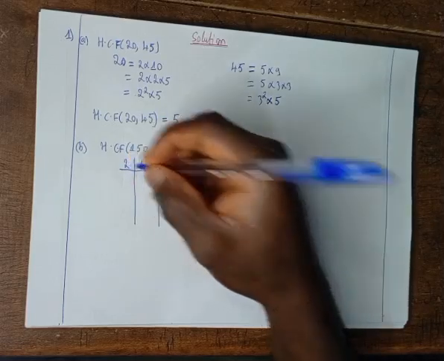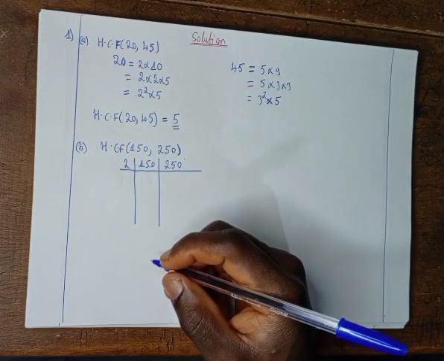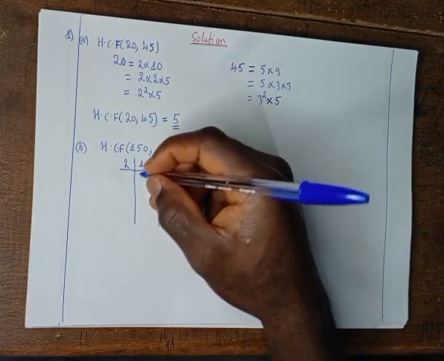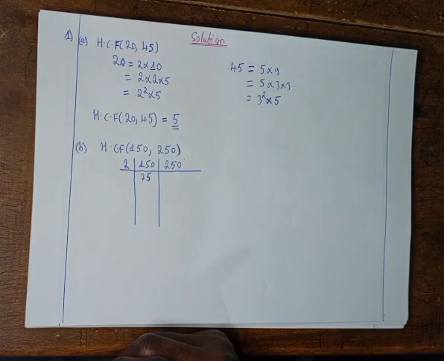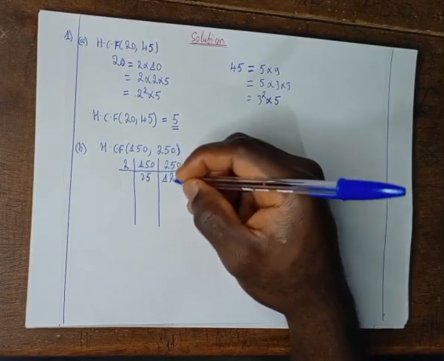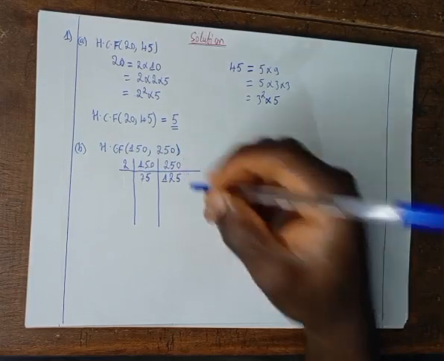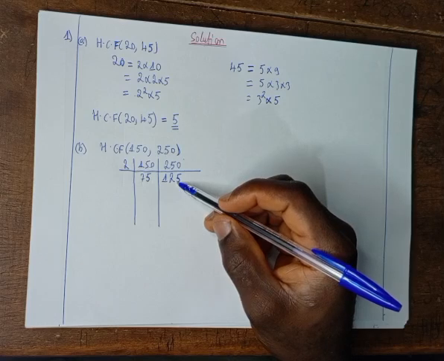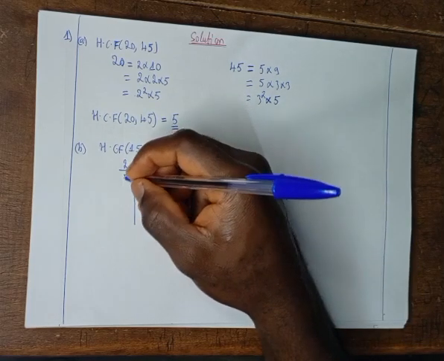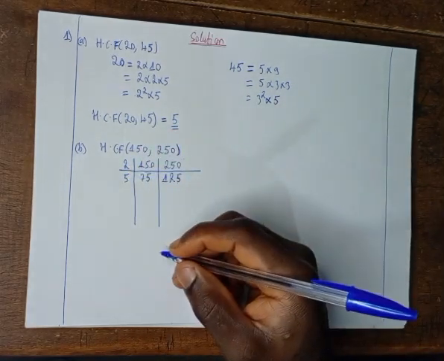We know we can make use of 2. 150 divided by 2 is equal to 75. The next, 250 divided by 2 is equal to 125. 75 and 125, a prime factor which is common is 5. So we make use of 5.